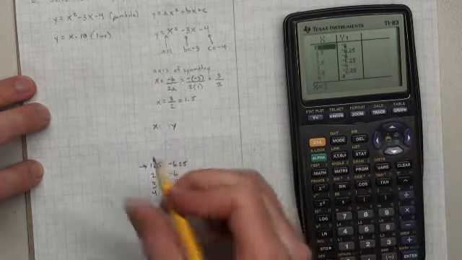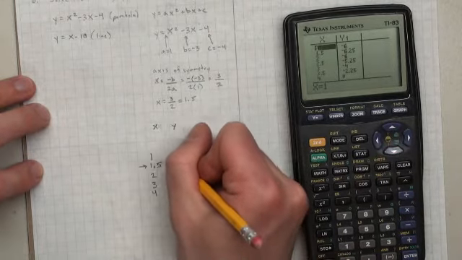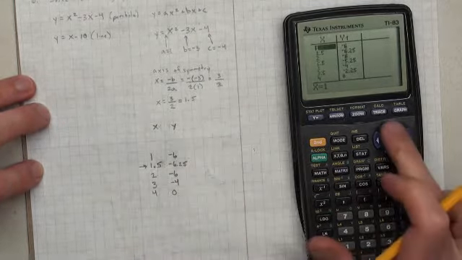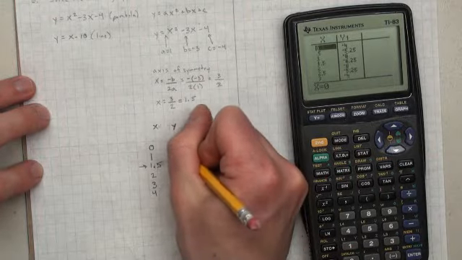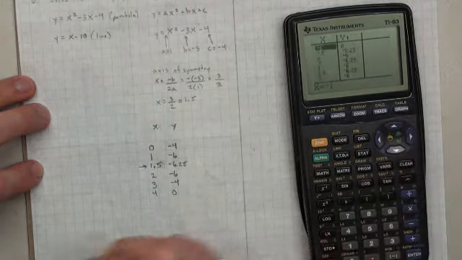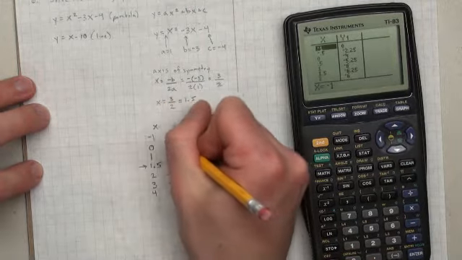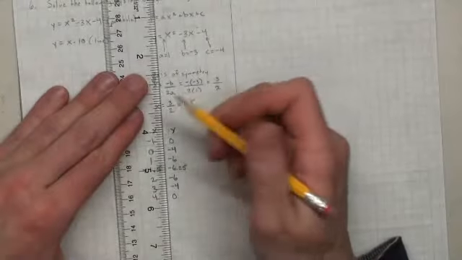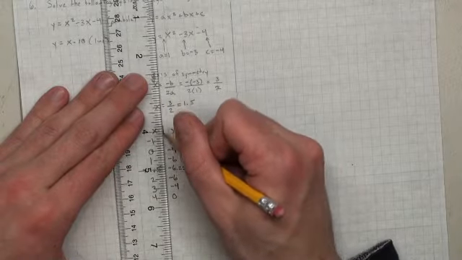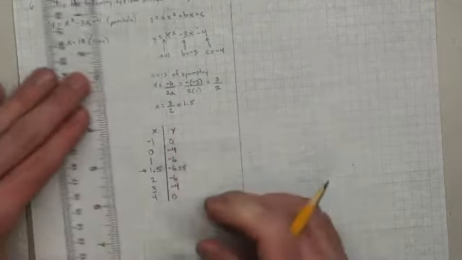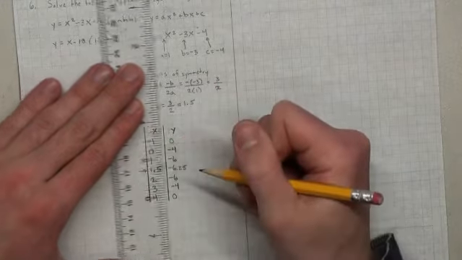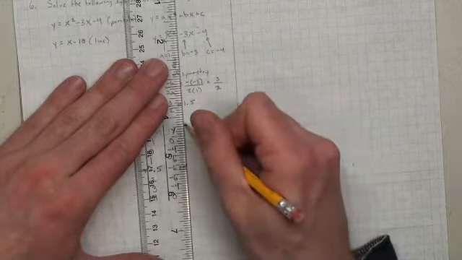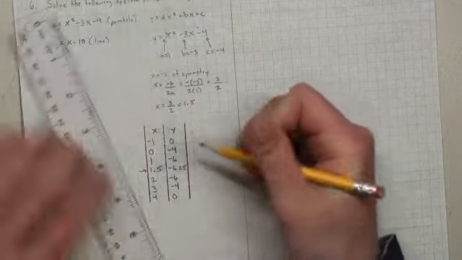To 1, we're at negative 6, and it should go backwards, right? At 0, we're at negative 4. And at negative 1, we're at 0. Okay? So that worked out just fine. Our table is just a little wider this time to fit those decimals.